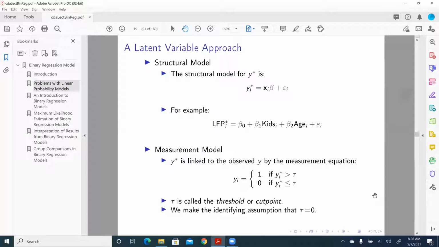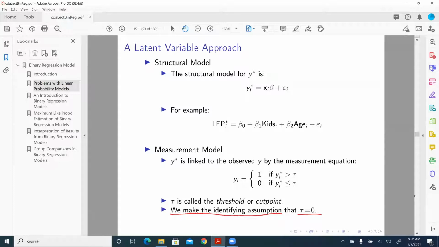And also, we make the identifying assumption that tau equals 0. People might ask why tau has to be equal to 0. Well, here it's just an assumption we make. And later on, you will learn that actually it doesn't matter what tau equals. It only affects the estimation of the intercept.